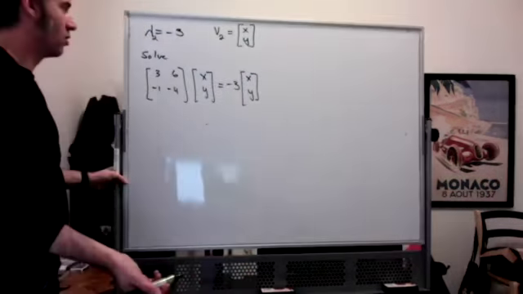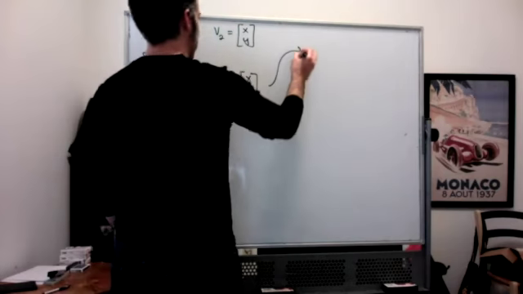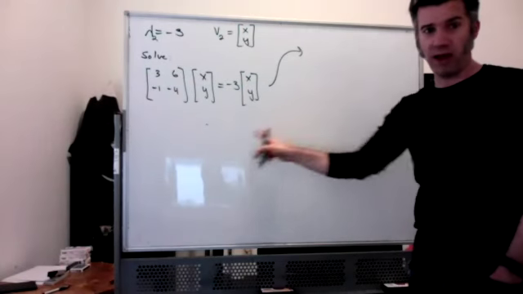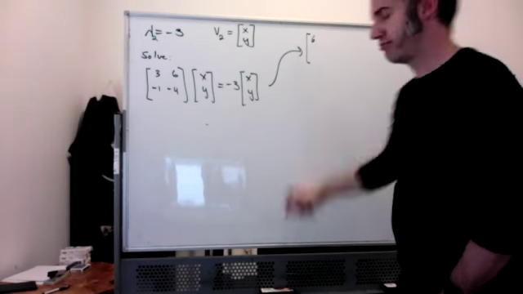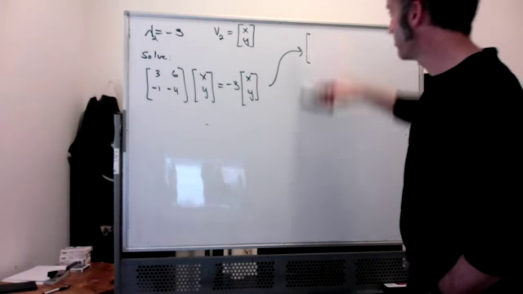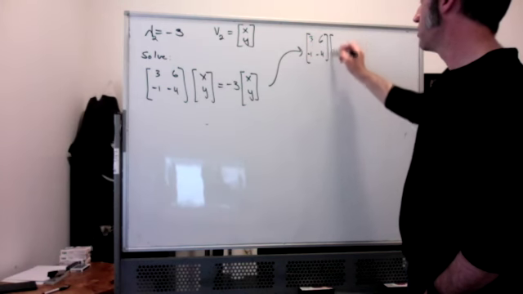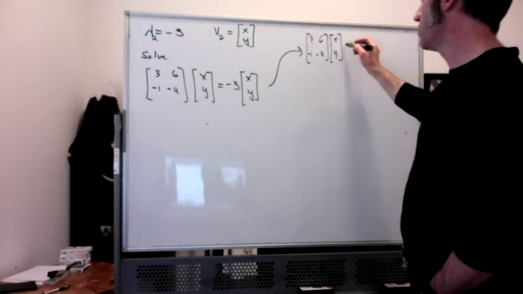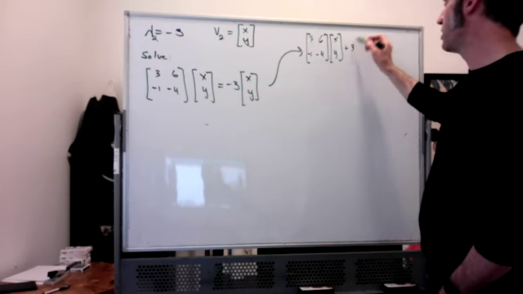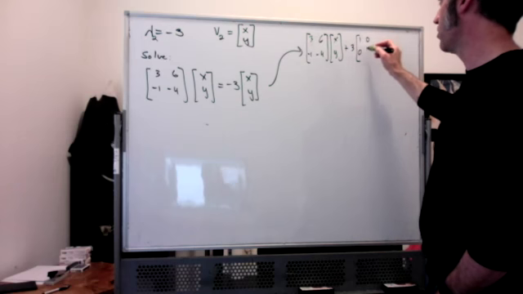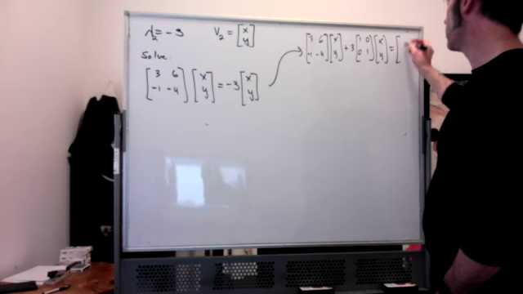One way you can do this is what we did over there. I'm going to subtract and do this at the same time. I have the matrix 3, 6, -1, -4 times x, y. Minus a -3 is going to be a +3, so it's +3 times the identity matrix, 1, 0, 0, 1, times x, y, equals 0, 0.